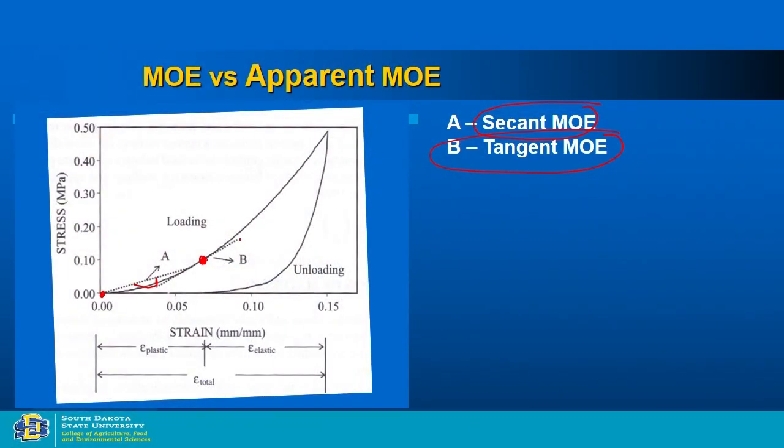Again, these modulus of elasticity values are all apparent. They are not the actual modulus of elasticity. Unless you can identify a point where loading and unloading follow the same curve, it's still apparent modulus of elasticity, because we are assuming these materials are elastic, which they are not.